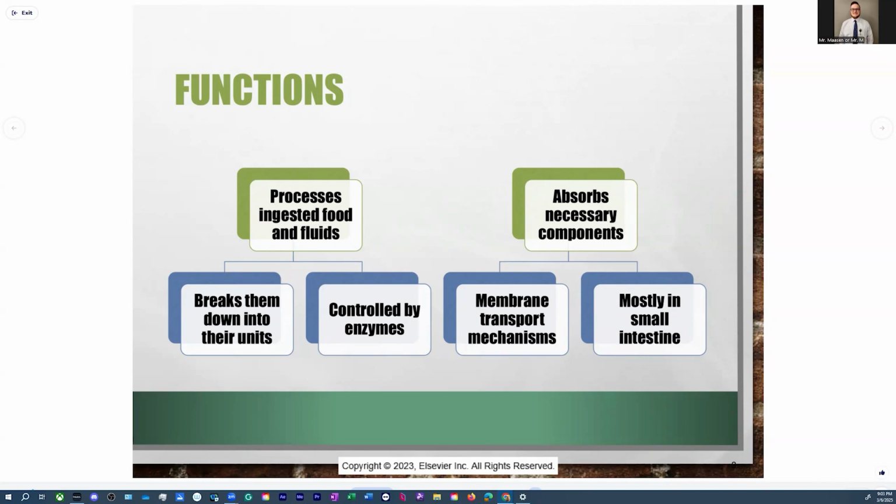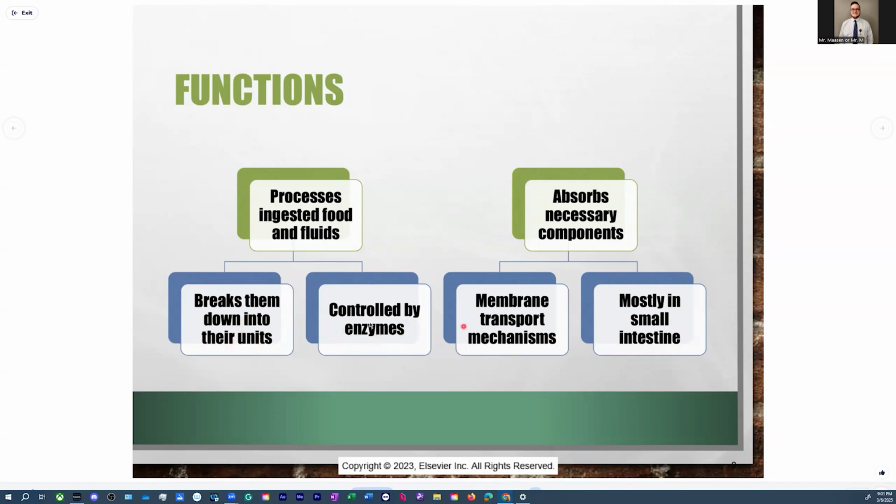So just keep in mind, when we're talking about digestion, we're talking about turning food into those three things: proteins, fats, and carbs. The other thing our digestive system does for us is absorb those nutrients from the food into the bloodstream, to be processed and utilized by our cells and different organs. That's the goal. Again, break them down into their individual units.